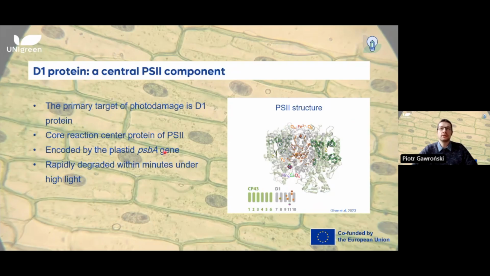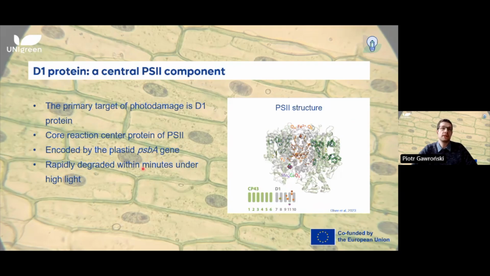Under high light, D1 is damaged and degraded within minutes. So this is a very fast reaction. And notably, D1 has one of the highest turnover rates among all proteins in Arabidopsis.